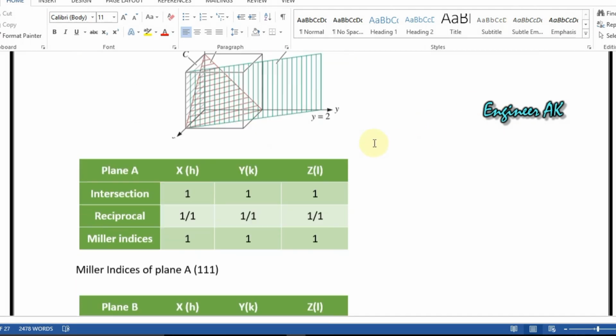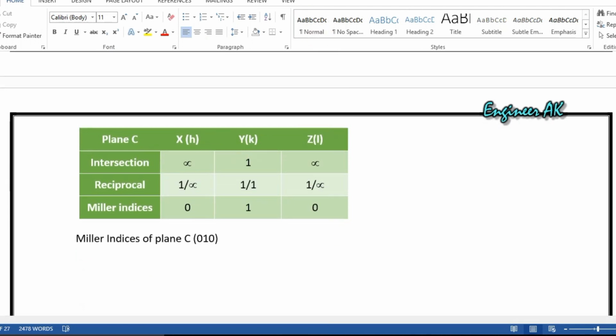Taking the reciprocal, this gives me 0, again -1, and again 0. The better way to represent it is to place a bar on it. So its Miller indices will be 0, -1, 0.